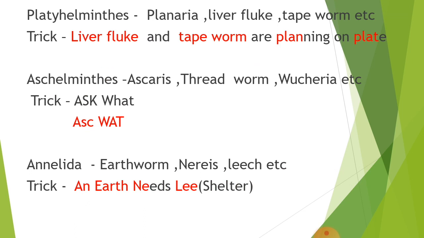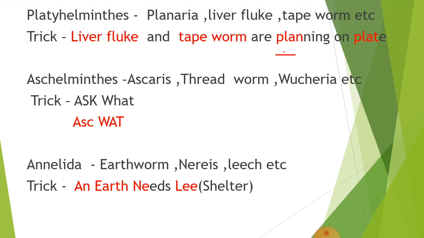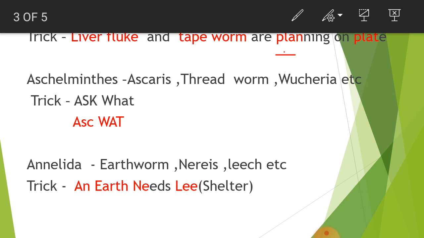So liver fluke we already have as a species name, followed by tapeworm, another species, and Planaria. With this "pla," which are the initial letters of Planaria, and "plate," plate is Platyhelminthes. In this way you can remember this trick.